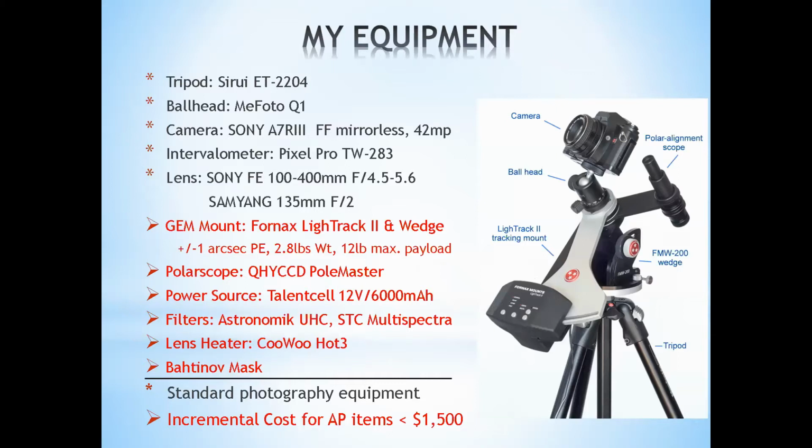The mount, which is this piece here, a polar scope to align the mount with the Polaris, a power cell to drive the mount, filters to suppress light pollution, a heater to handle dew accumulation on the equipment, and a button-off mask to help in focusing, and I'll talk about that in a little bit. So all of these items cost about $1,500.